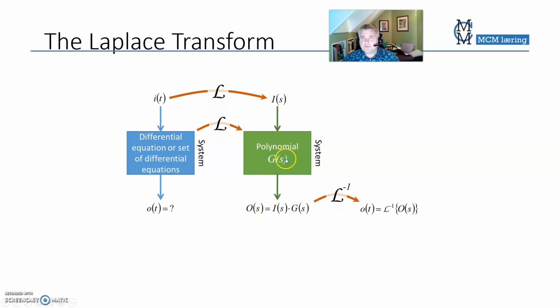And if you had two systems, you simply multiply them by each other. So that's why it's easier. But this course is not a course that will go through the Laplace transform. You should, however, be aware that there is a tool called the Laplace transform, and it's used in order to get rid of these awful differential equations.